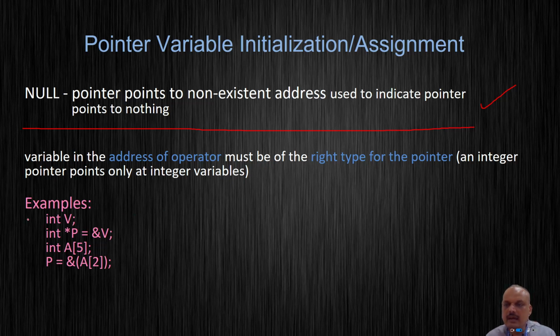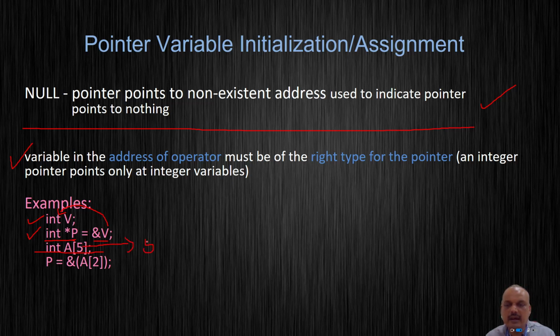Here say we have a variable v of type integer. What this means is I have to have a pointer of type integer in order to point to this variable. So in the next line I have an integer pointer int star p, and this int star p now can point to the address of v, which is also of the type int. Similarly I have another integer array a, and the length of the array is 5.